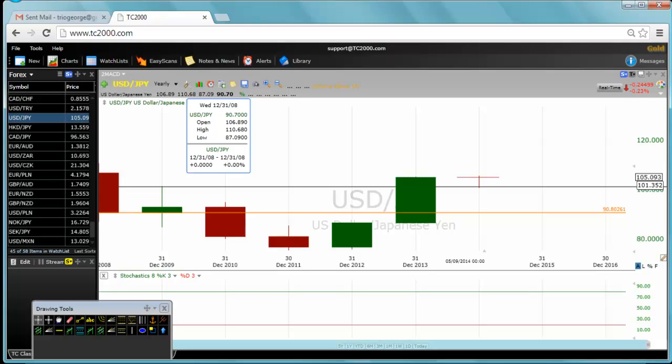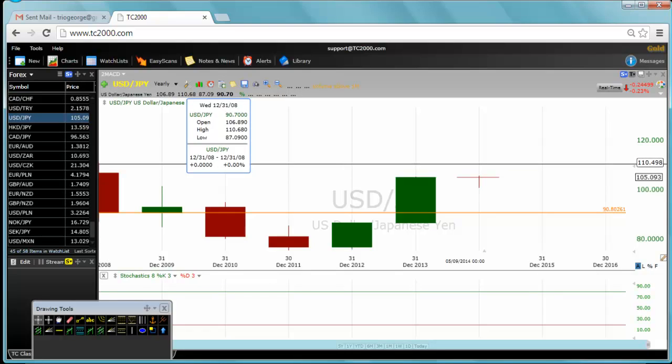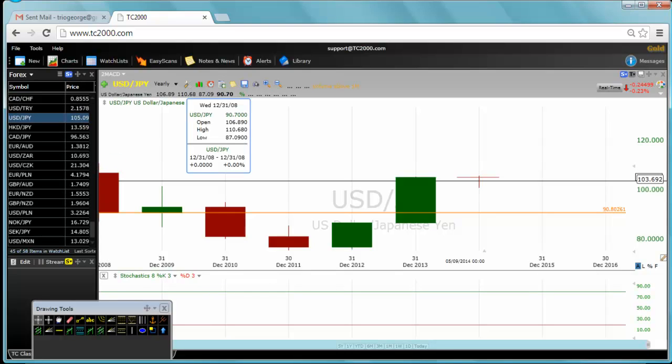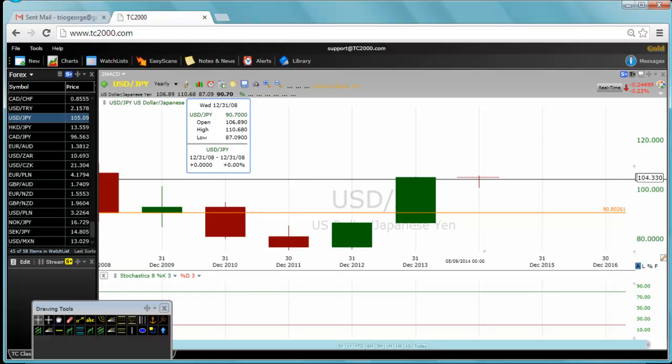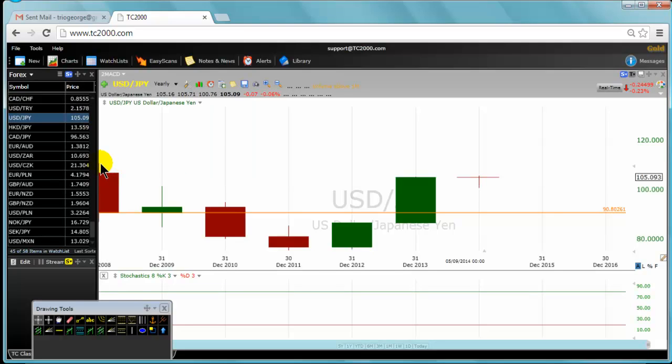Another key level for the dollar yen that you must watch is the high of 2008, which is at 110.68. At one point, the dollar will retest that level of the high of 2008, 110.68, because that's where the dollar started going down.